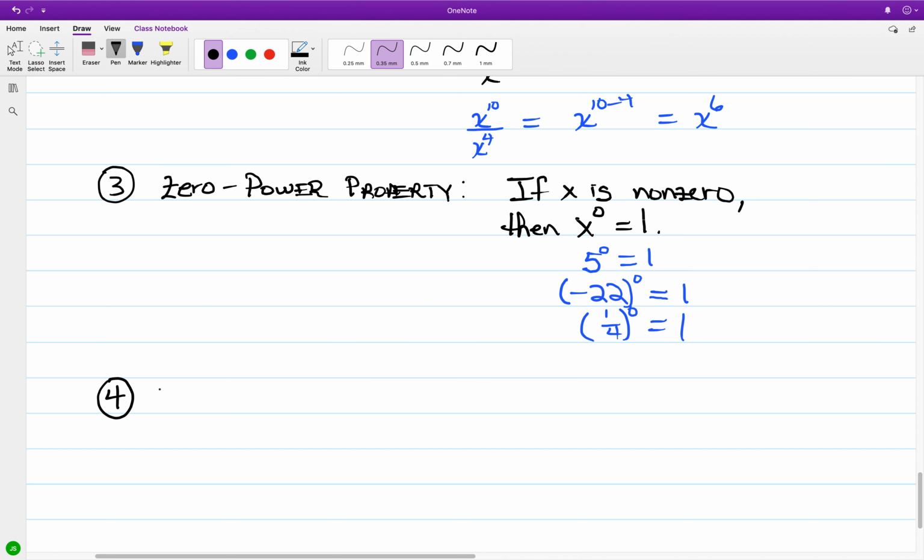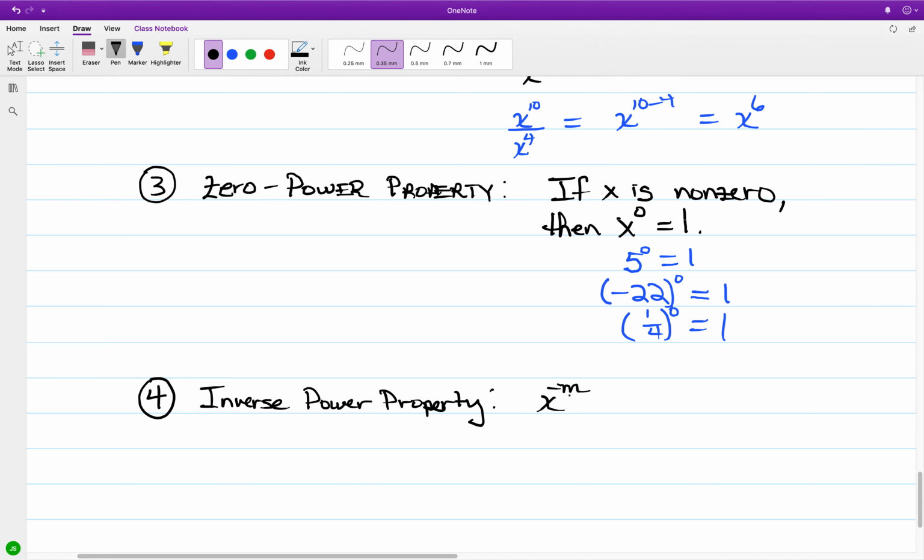Now with the inverse power property, this states that if we have x raised to a negative power, so x to the negative m, that is going to be equal to the reciprocal of x to the m, which is 1 over x to the m degree.